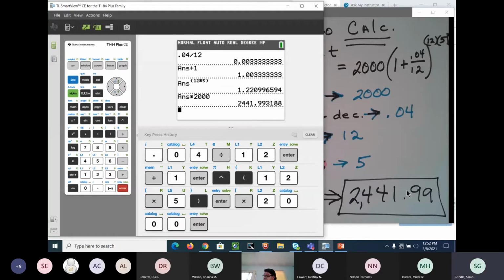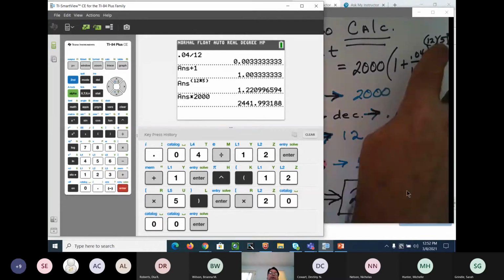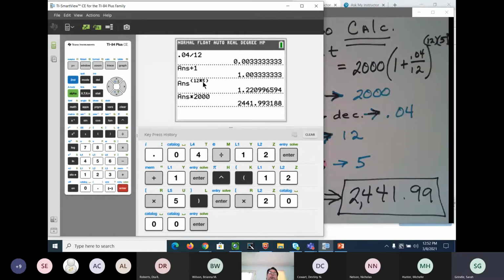Okay? Did you use the exponent? Yes. I've typed it in as 12 times 5. See it right up there? Oh, right there. Okay. I see you. I'm going to leave that on the board right quick, so if you need to take a picture of the keystrokes, I did 0.04 divided by 12, enter, and that gave me the 0.0333. Then I took that answer and I added 1.